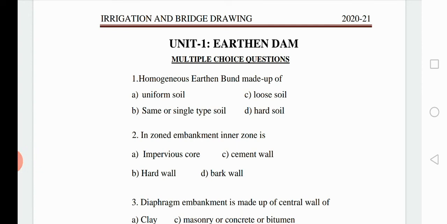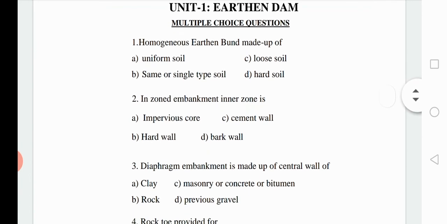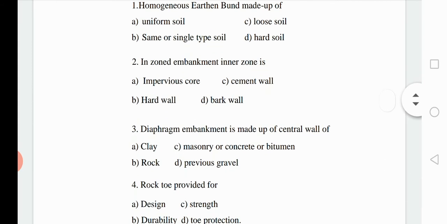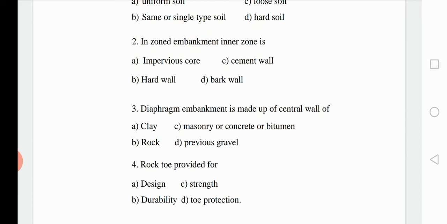Dear students, we will discuss MCQ questions on Unit 1 earthen dam. The first question: a homogeneous earthen bund is made up of, options are uniform soil, same or single type of soil, loose soil, odd soil. The suitable answer is same or single type of soil. The second question: in a zoned embankment, the inner zone is, options are impervious core, hard wall, cement wall, bark wall.